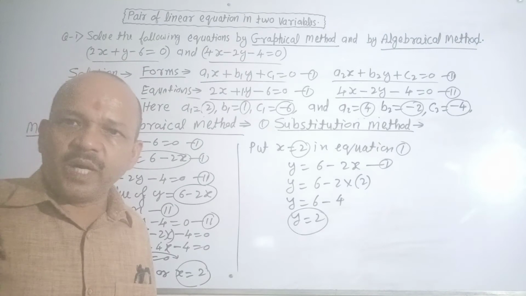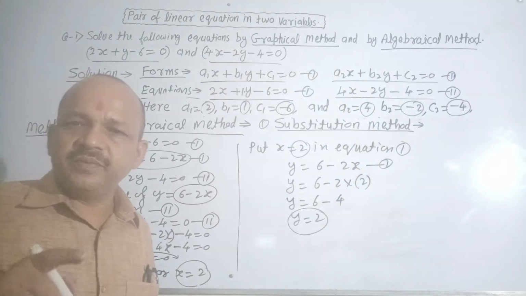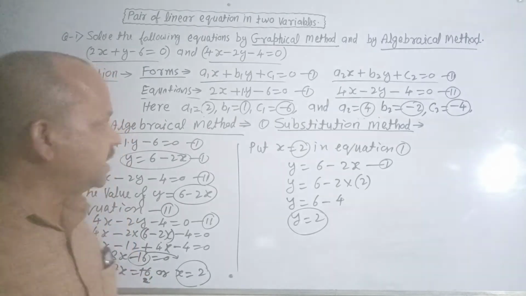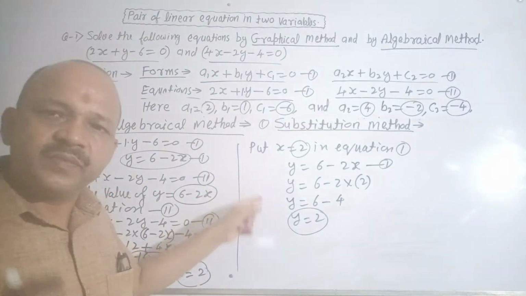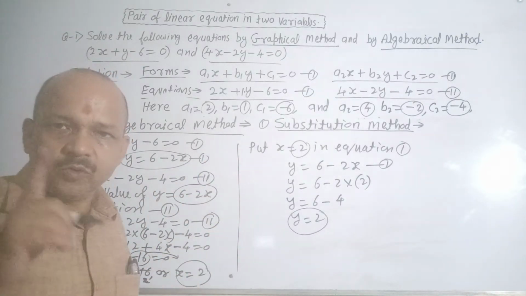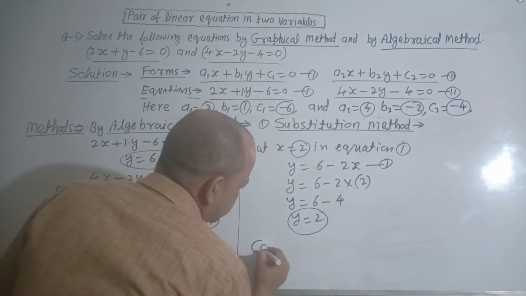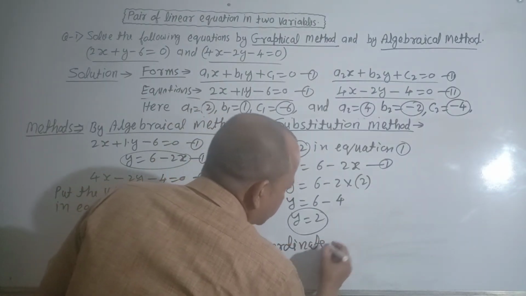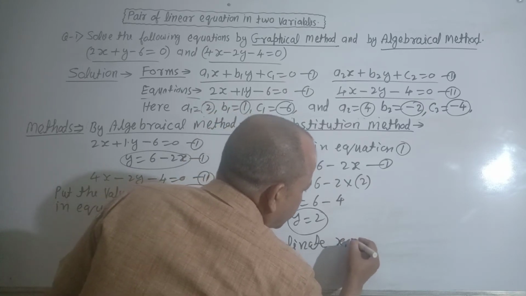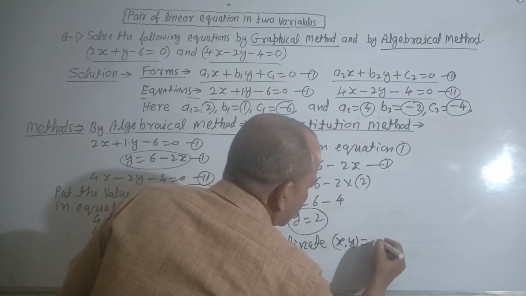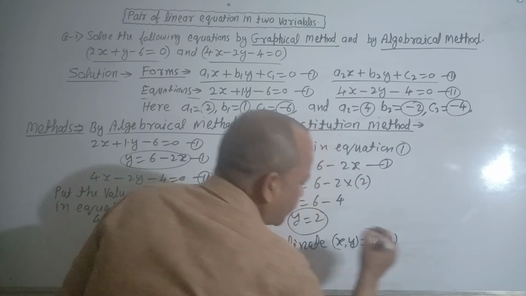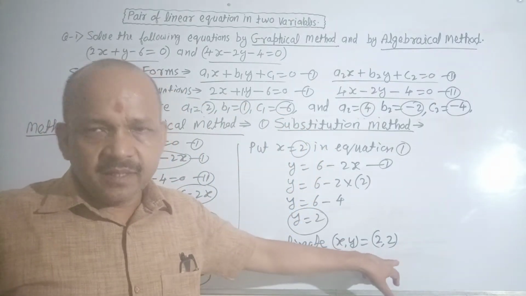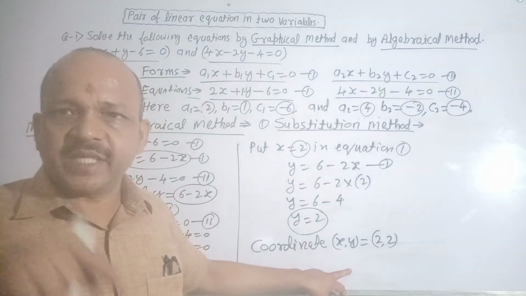It means the coordinate of point E, the intersecting point, is (2, 2). Coordinate (x, y) equal to (2, 2). It is the intersecting point.